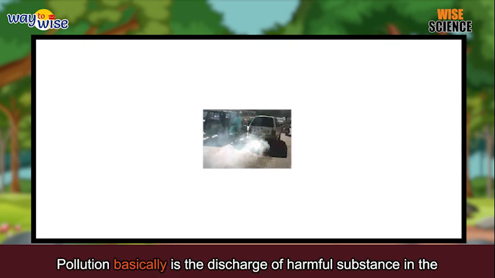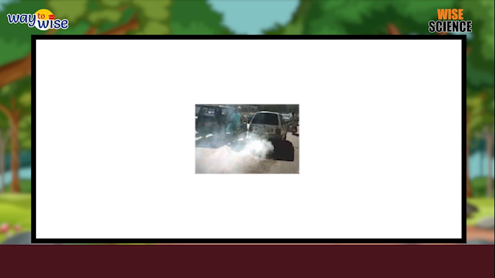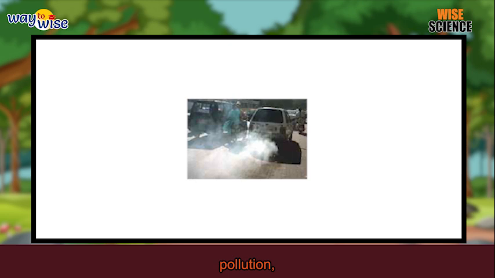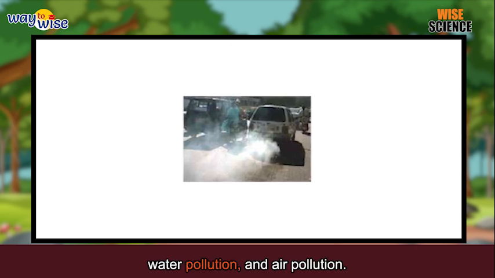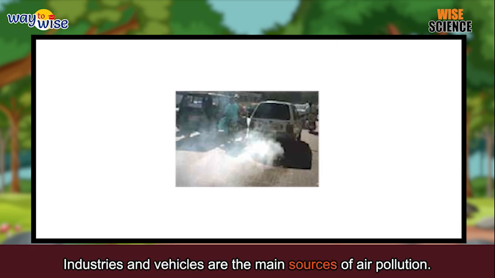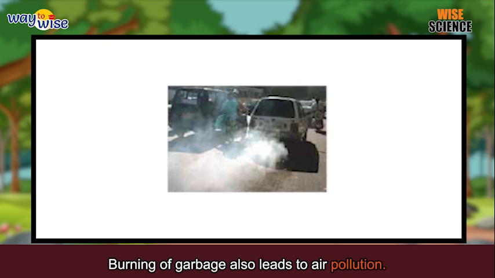Pollution. Pollution basically is the discharge of harmful substances in the environment. The major categories of pollution are noise pollution, land pollution, soil contamination, water pollution, and air pollution. Industries and vehicles are the main sources of air pollution. Burning of garbage also leads to air pollution.